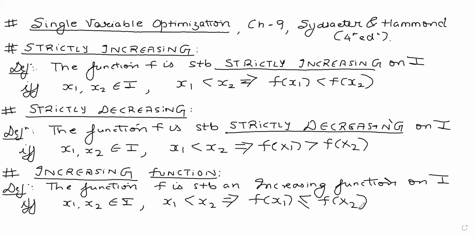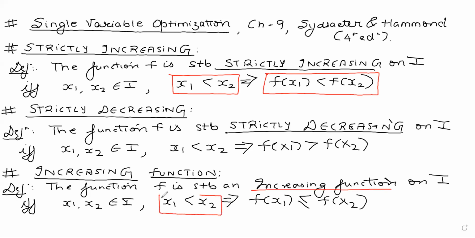So an increasing function also includes the possibility of f of x1 being equal to f of x2. Strictly increasing means x1 less than x2 implies f of x1 is strictly less than f of x2, whereas for an increasing function, f of x1 is either less than or equal to f of x2.